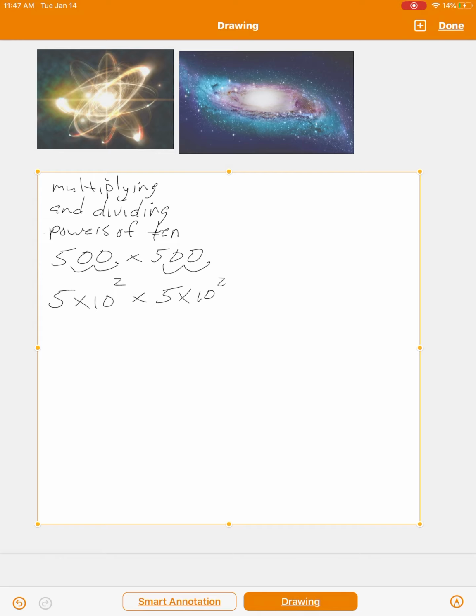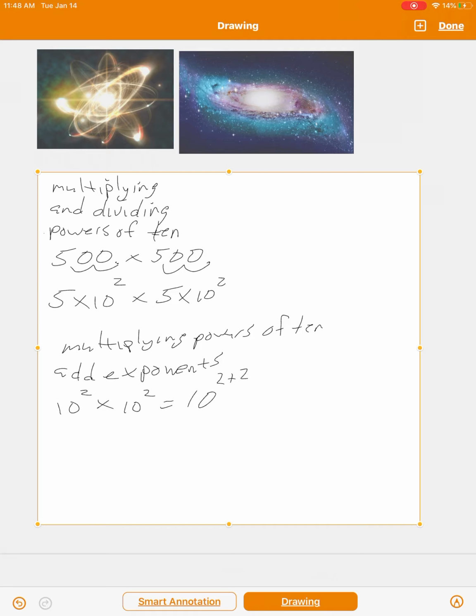Now, here's what's nice. When we're doing multiplication of powers of 10, we can just add the exponents. That's a really nice aspect of this. It's actually one of the reasons that this type of notation was invented. So if I'm taking 10 to the 2 and multiplying it by 10 to the 2, you just add the exponents. 10 to the 2 plus 2.